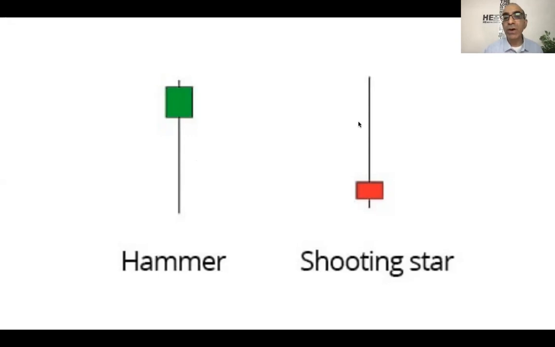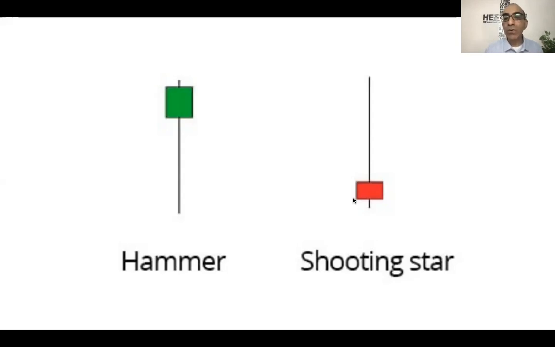And then the shooting star is the opposite of this, where the day opened at this level, and then during the day, it went down here, went all the way up, and then closed here. So although the attempt for the market to drive the prices up didn't work, the price was rejected, and you see that the prices were going down.